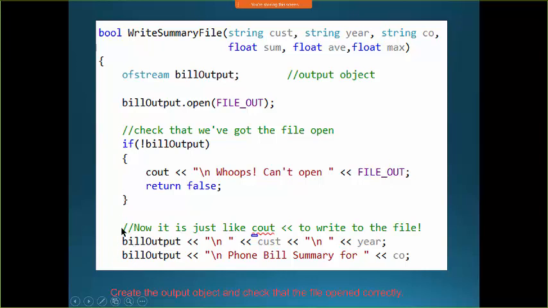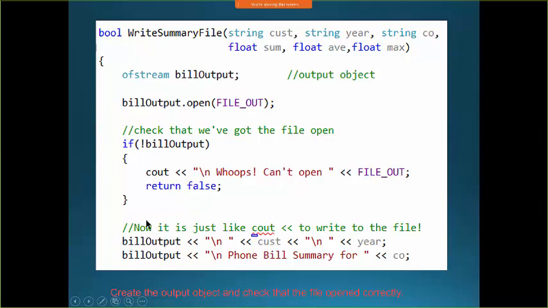You could do this with an if else, but if you have a lot of guards, this structure is an elegant way of doing it, because if any of those fail, they return and stop executing the rest of the function. So this checks to make sure that the file is open, and if it isn't, it returns false.